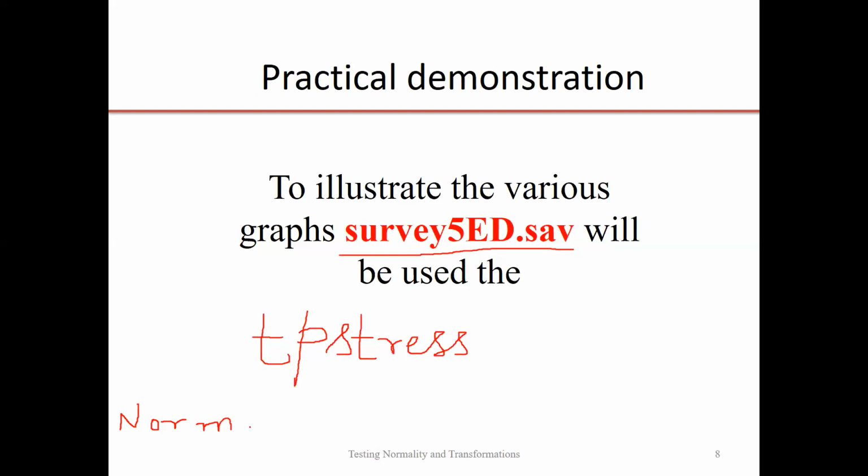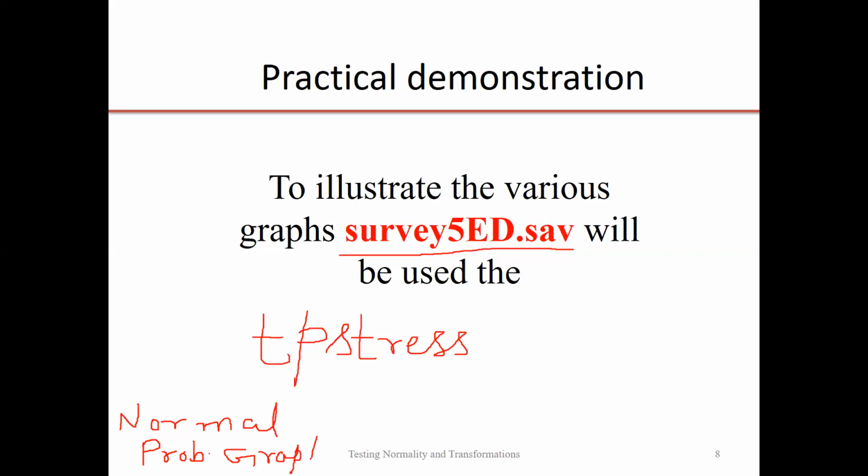Normal probability plot is a graph which is constructed with two variables. One of them is called x, which is in a range form, which is my actual data. And the second variable is what? Second variable is the normal scores or the z-scores that are given in the normal probability table. So you have to plot two variables. One variable is the actual variable whose normality is to be checked.